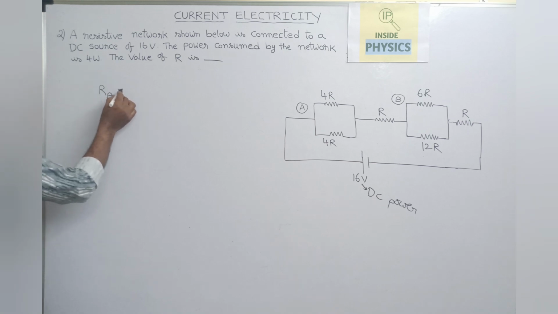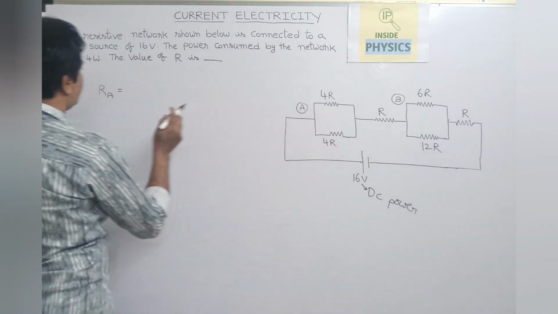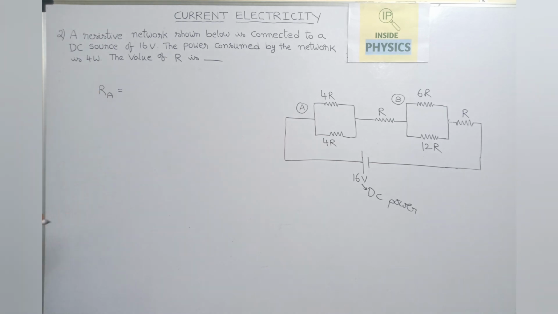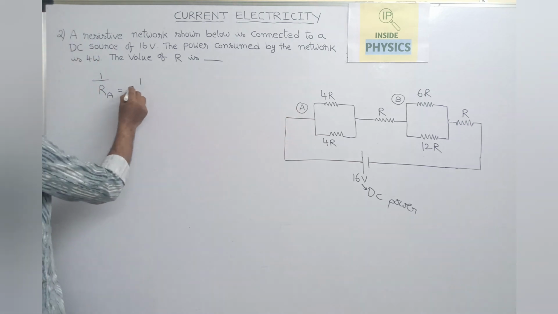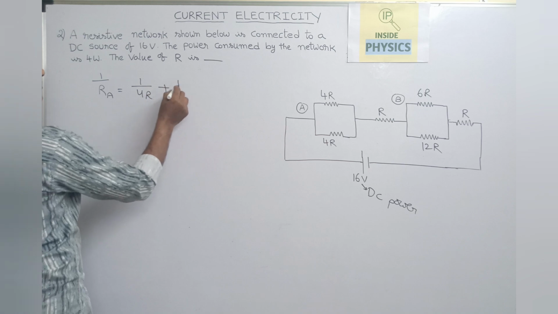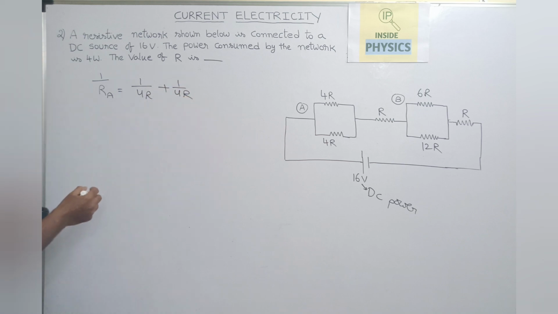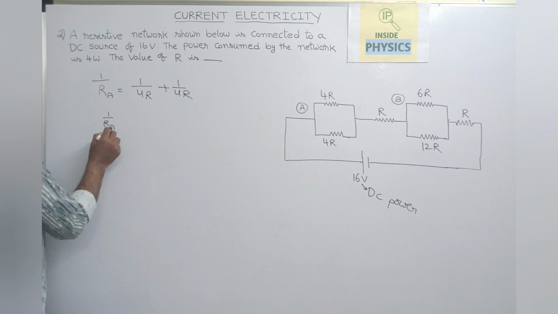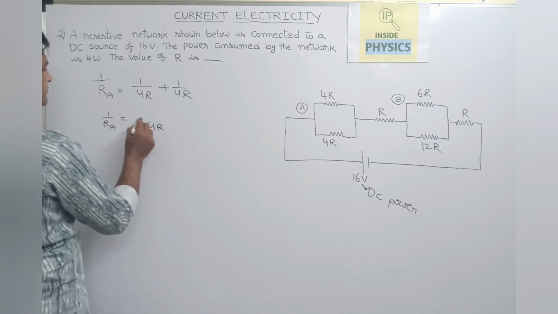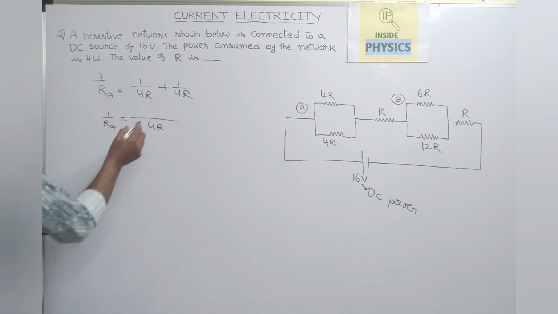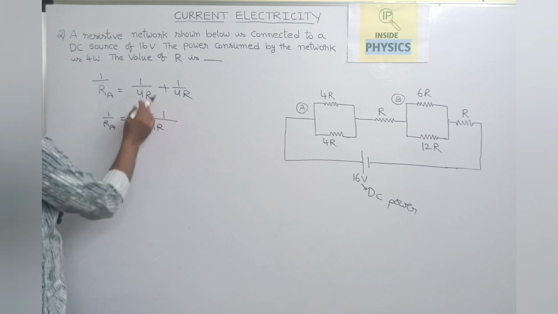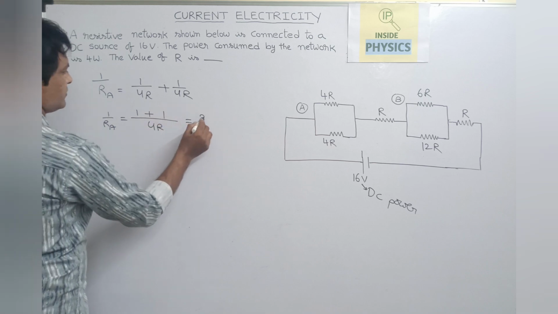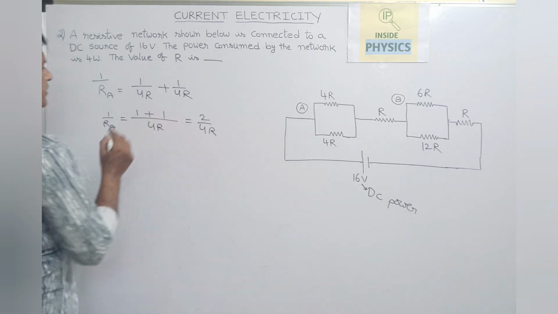RA, the equivalent resistance of these two resistors. So when the resistors are connected in parallel, what is the effective resistance? If RA is the effective resistance, we can write it as 1 by 4R plus 1 by 4R. So we need to take the LCM, 4R here, and this is 1 plus 1. Now this becomes 2 by 4R.